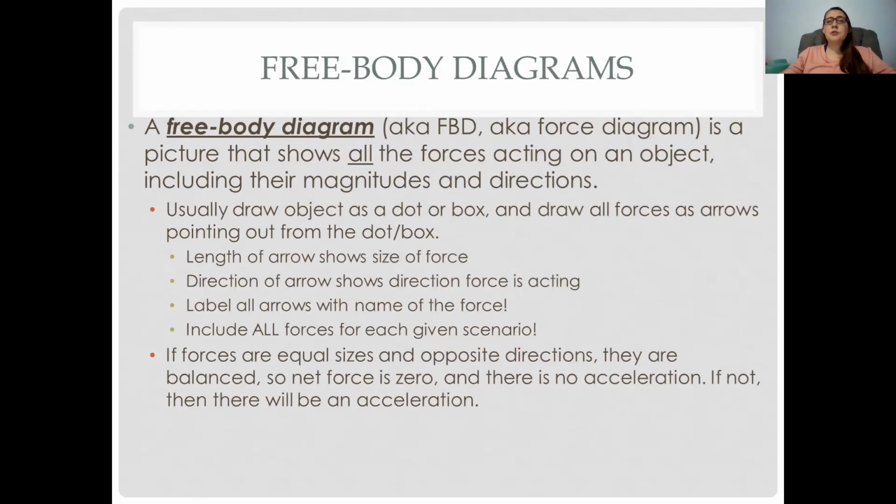As long as that motion is not changing, we will not have an acceleration, and so our net force will be 0. But if there is some kind of unbalanced force, like friction or air resistance or what have you, then there will be an acceleration and there will be a net force that's not equal to 0.